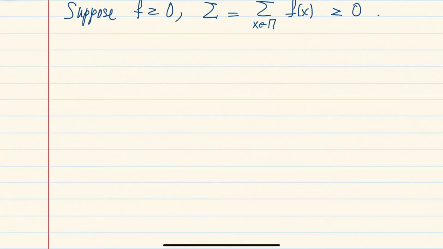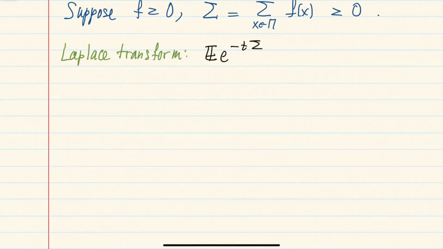Now we know that the distribution of a non-negative random variable can be characterized by its Laplace transform, expectation e to the minus t sigma for non-negative t.